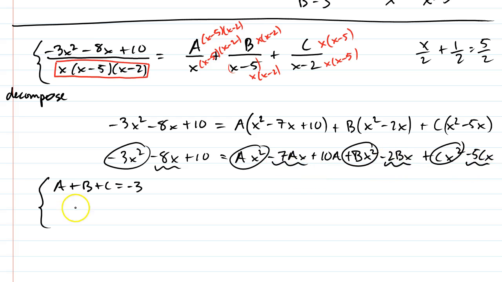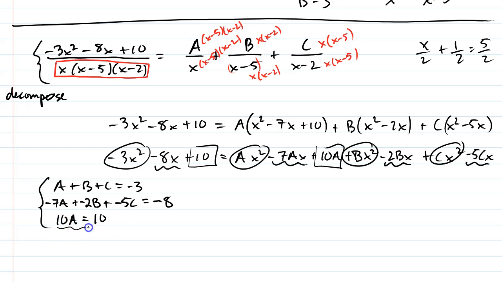So this is going to be negative 7a plus negative 2b plus negative 5c should give me negative 8. And then let's look at the plain numbers. So I have 10 here, and I have 10a right there. So 10a equals 10.